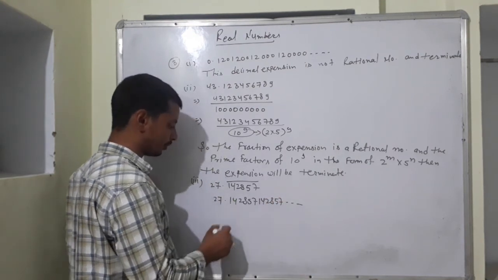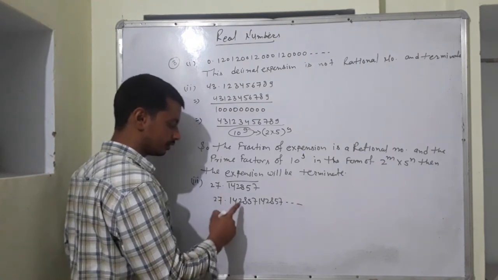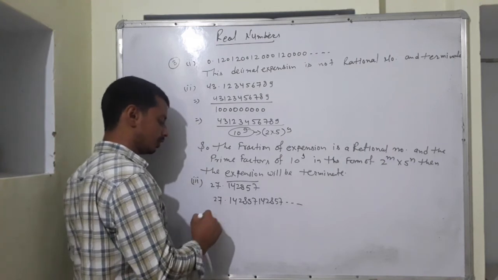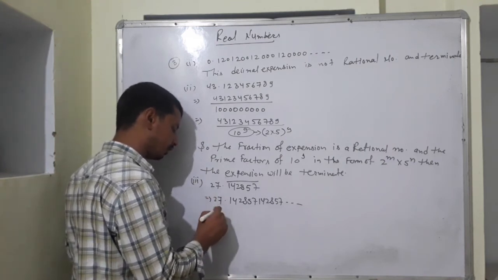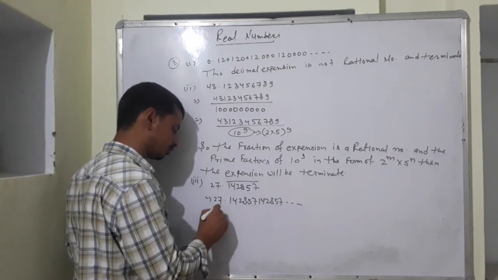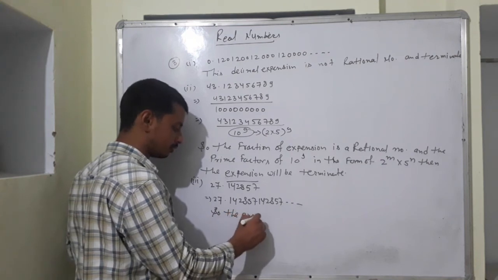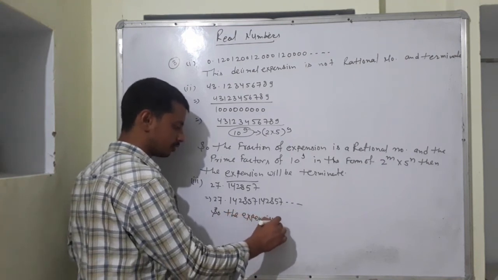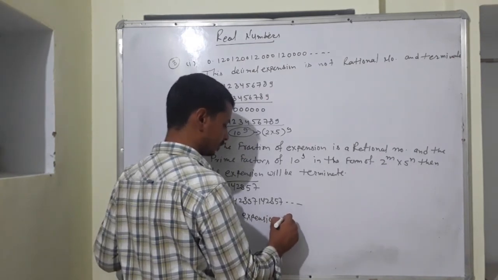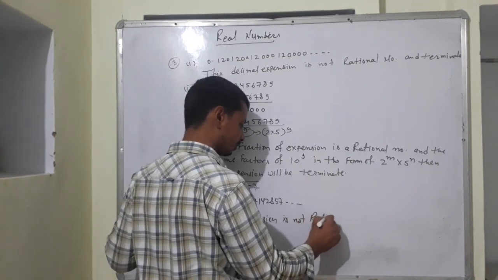So in this expansion we don't verify the number of digits after the point, then the expansion is not a rational number.